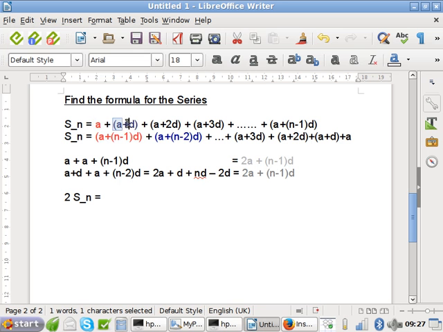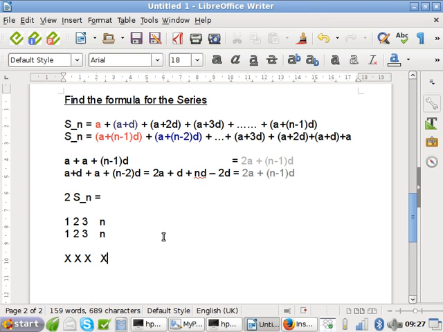How many terms are here in this list? N. And how many are here? N. So what I'm doing is I'm adding the first one with the first one, the second one with the second one, the third one with the third one, all the way up to the nth one with the nth one. So here I'll have answer, answer, answer, dot, dot, dot, answer, all the same. There's n of these.